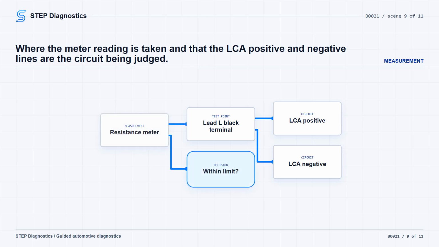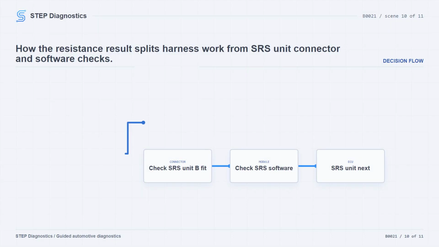The decision point is 1.0 Ω or less. If the measurement is 1.0 Ω or less, the LCA positive and LCA negative wires are okay. At that point, inspect the connection between SRS unit connector B and the SRS unit. Before replacing the SRS unit, check the SRS unit software version with the HDS.